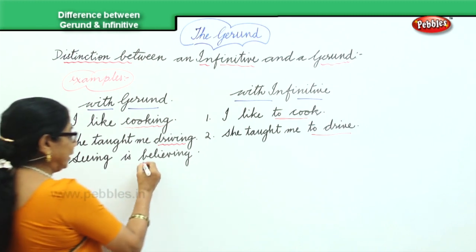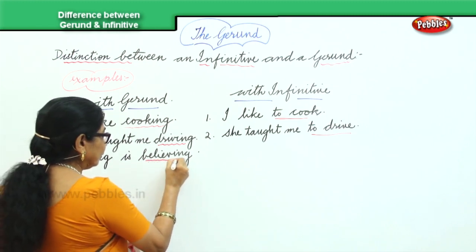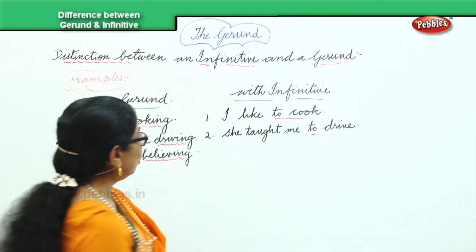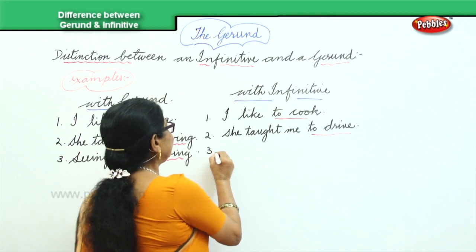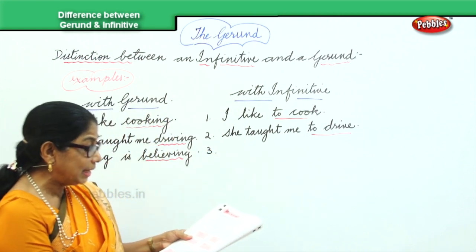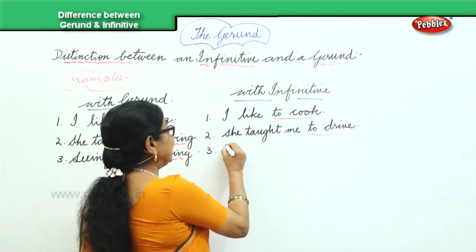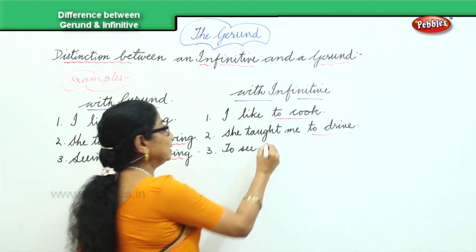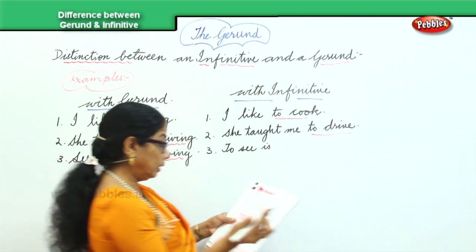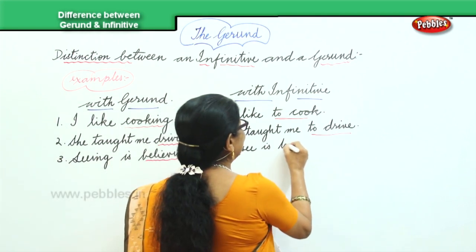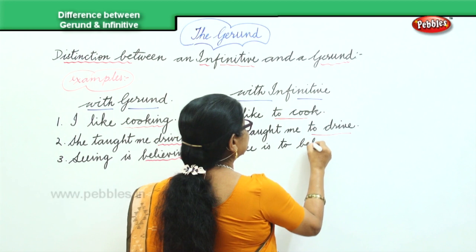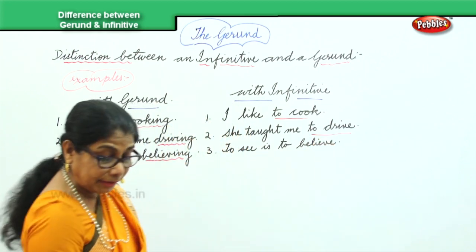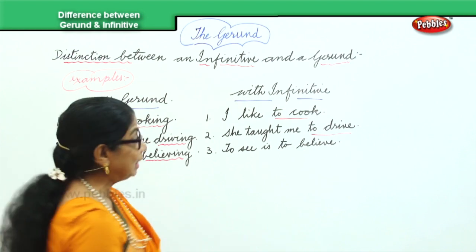In a gerund, believe becomes believing. So what will be here? To see is to believe. In the case of the infinitive, to believe.